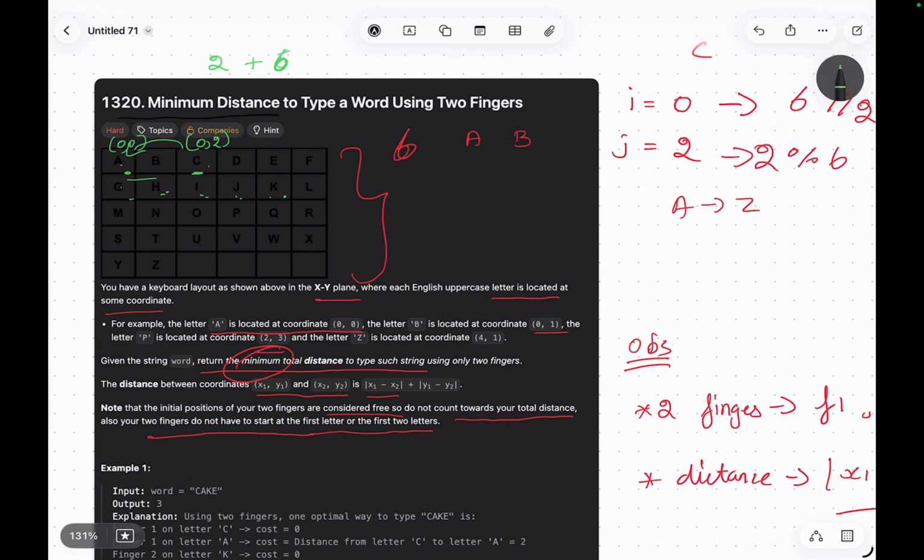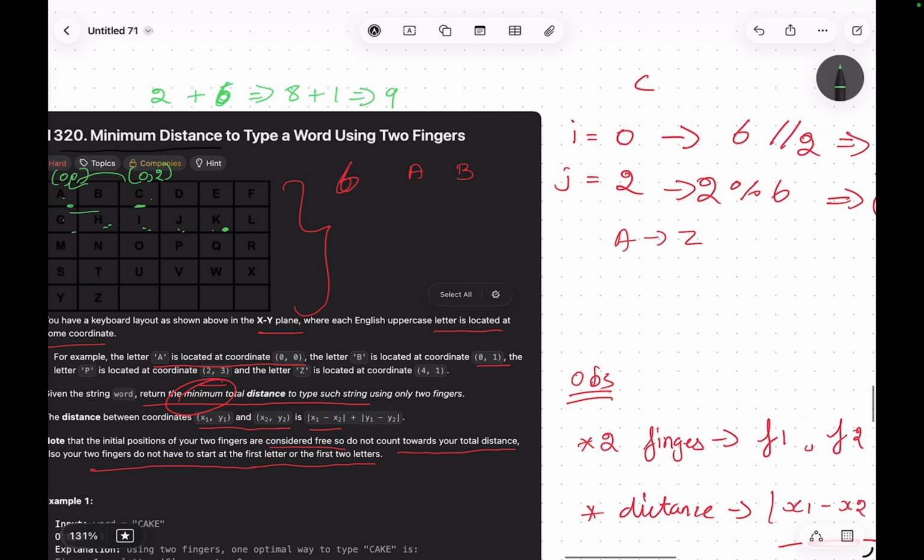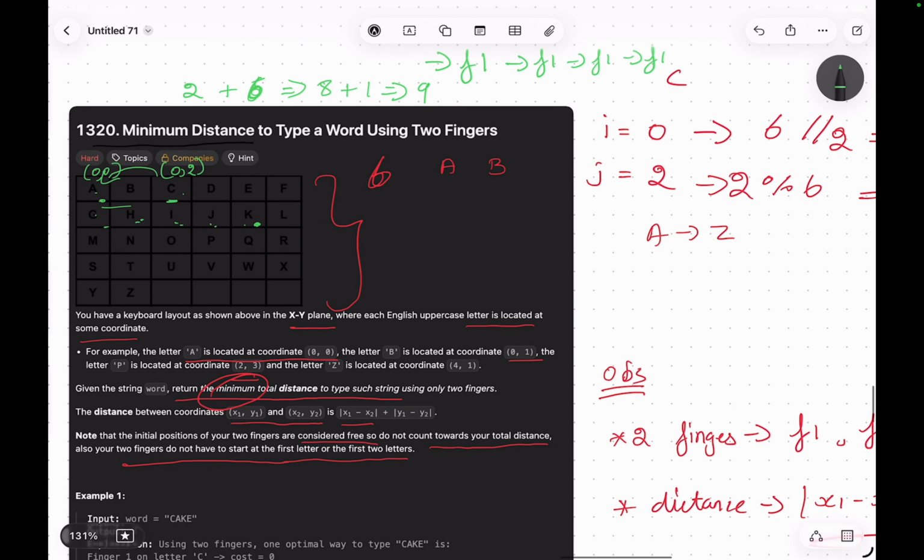So the distance is 6. You have 8 here to type K, and KE has 1, which results in 9. This is obviously not a good decision, because we are using only finger 1, finger 1, finger 1 and finger 1. So this is the result of it.